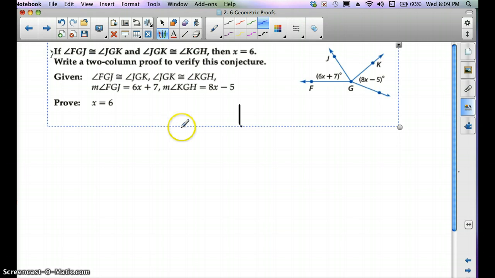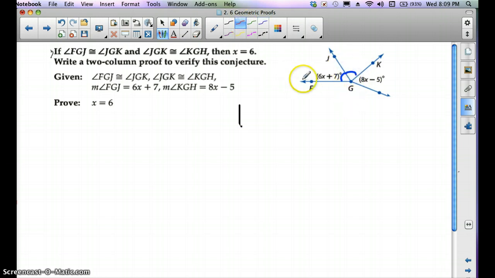If you knew that angle FGJ right here is congruent to angle JGK, so these two are congruent, and if you knew that JGK right here is congruent to KGH, how would you go about solving that?